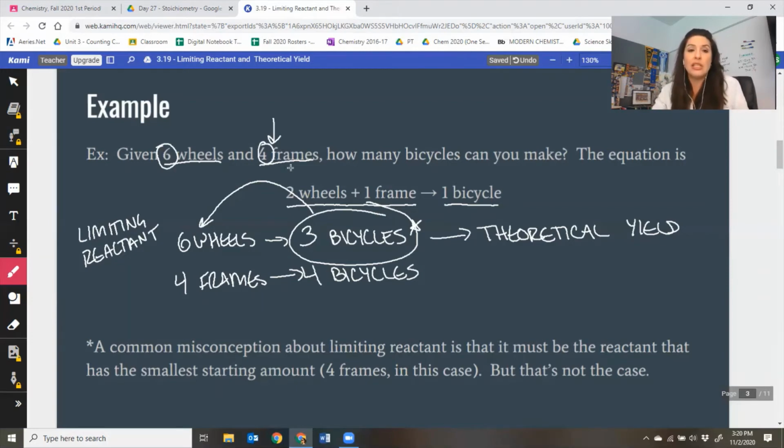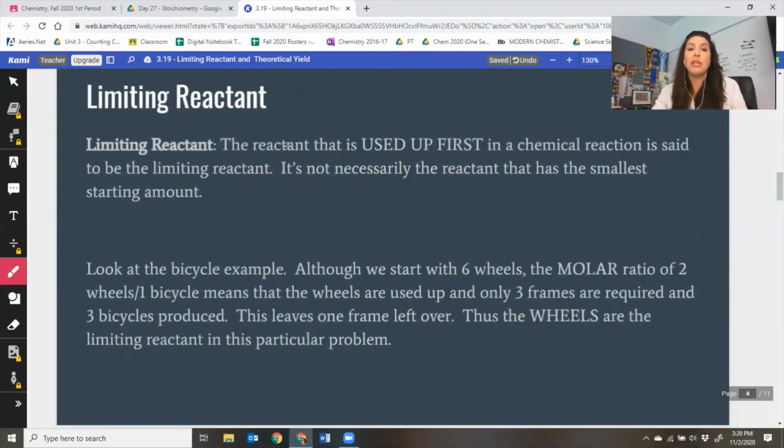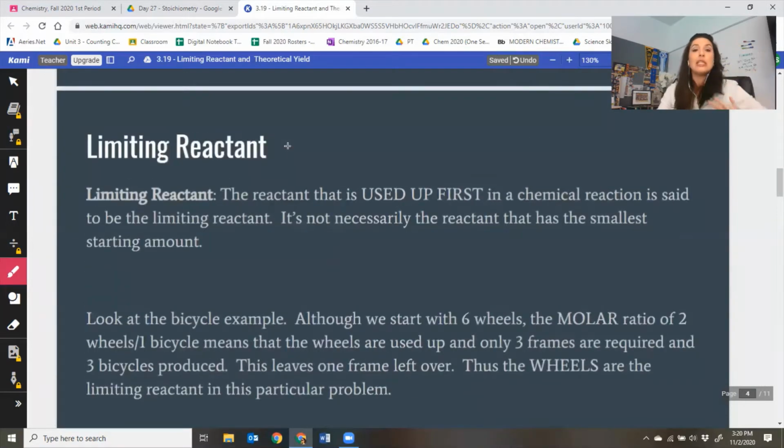So let's look at this a little bit more in depth. The limiting reactant is the reactant that's used up first in a chemical reaction. So in our case, it was the wheels. This is called the limiting reactant. It's not necessarily that it has the smallest starting amount, just like in our bicycle example. 6 was greater than 4, and yet the 6 bicycle wheels were used up first.